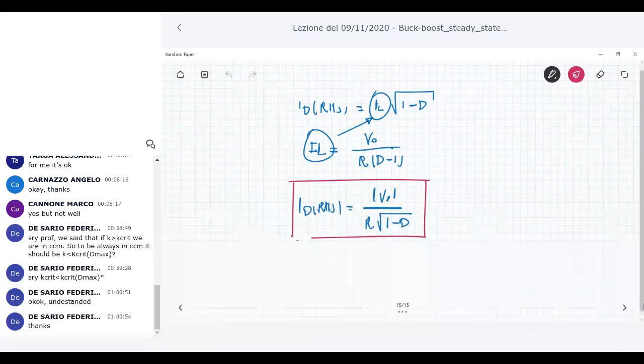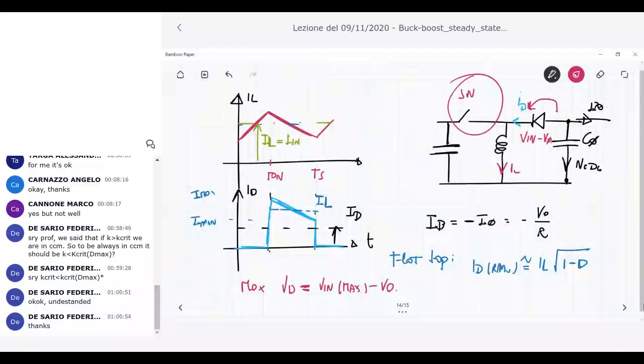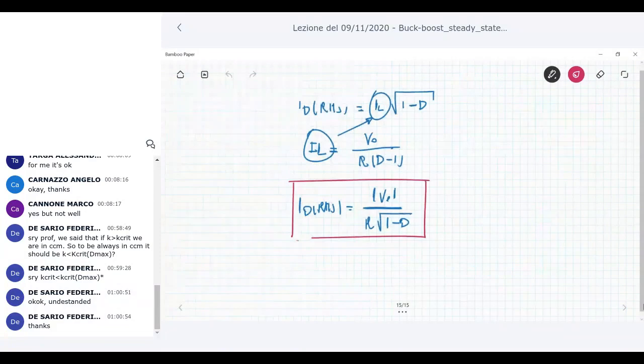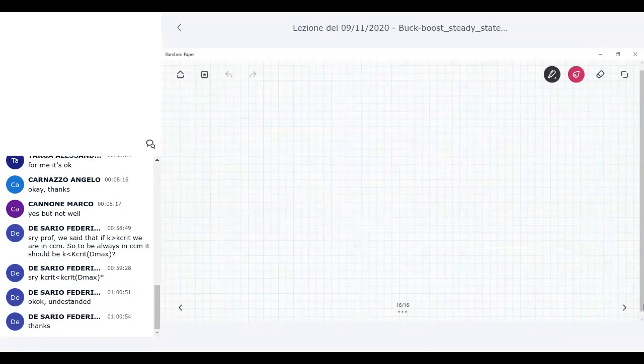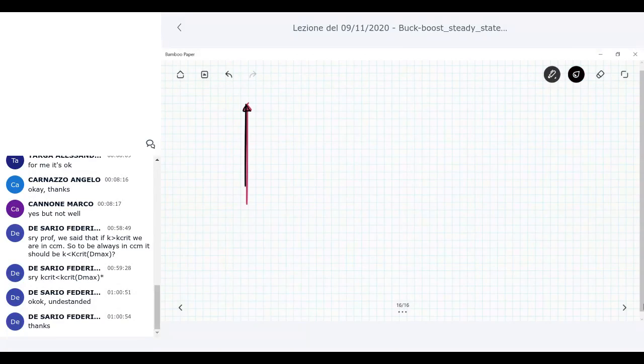What happens to the switch? The current flowing in the switch is the same current of the inductor when the switch is on. So it is a waveform that is the complementary waveform of the diode current with respect to IL.